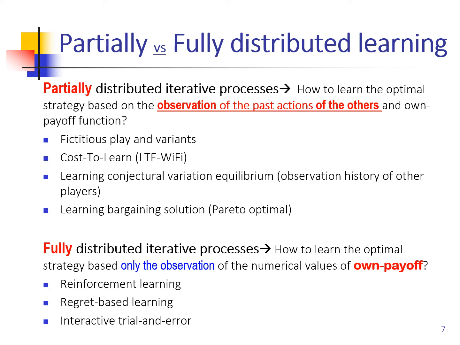Regret-based learning, which is actually a very effective technique in reinforcement learning, and we will contrast it with classical reinforcement learning. And then you also have other techniques such as trial and error and others. Okay, so just keep in mind for now that the notion of information is very important, because that already brings in the question of which algorithm I am going to use.